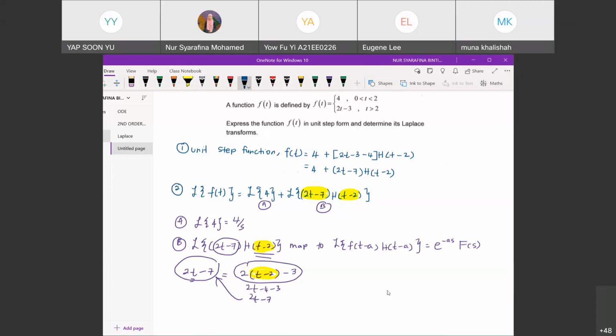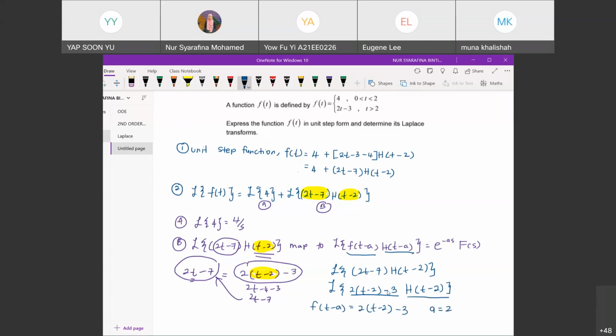So now this transformation of 2t minus 7 times h(t minus 7) can now be written as 2(t minus 2) minus 3 times h(t minus 2). Right? So as you can see, this is your f(t minus a) and this is your h(t minus a). Then f(t minus a) equals 2(t minus 2) minus 3, h(t minus a) is h(t minus 2), and a equals 2.